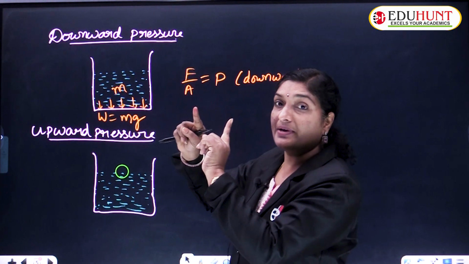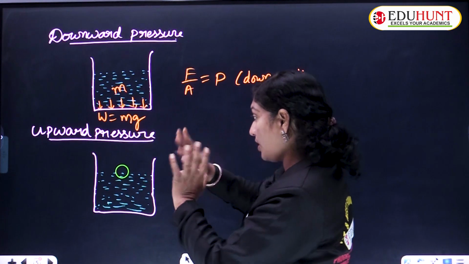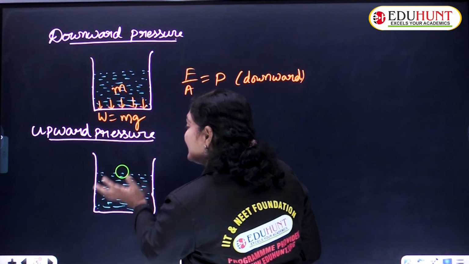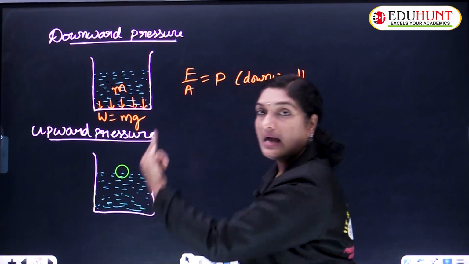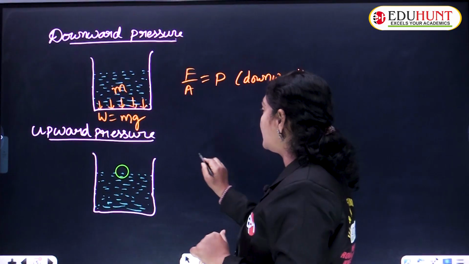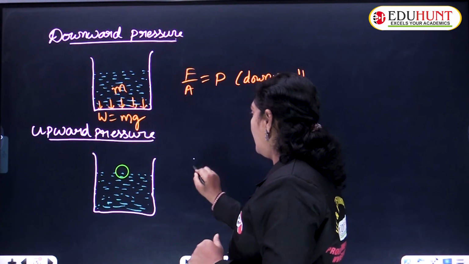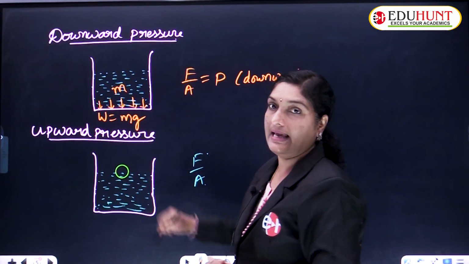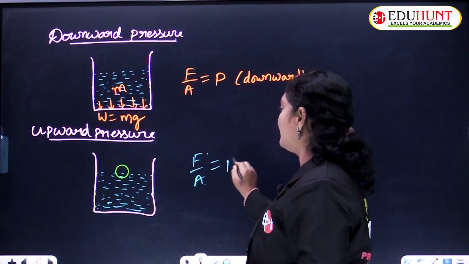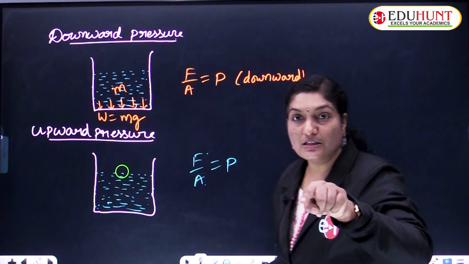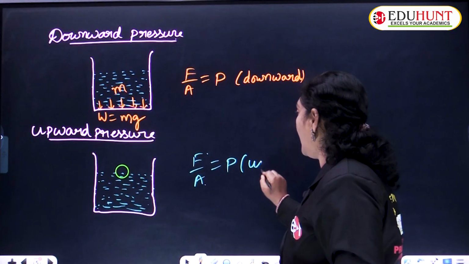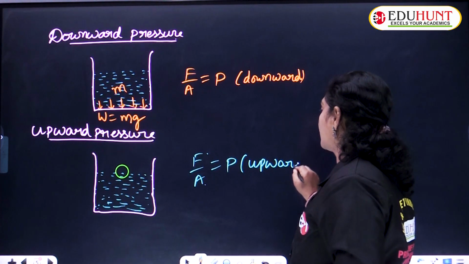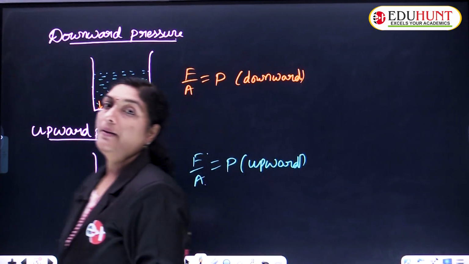So, due to this pressure or due to this force on the surface, some force is acting on the ball in the upward direction. The force acting on the ball in the upward direction on that particular area of cross section itself is called pressure, and this pressure which is acting in the upward direction is called upward pressure.